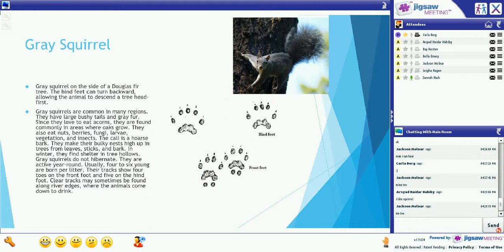They are active year-round. Usually 4 to 6 young are born per litter. Their four-foot clear tracks may sometimes be found along rivers' edges where the animals come down to drink.